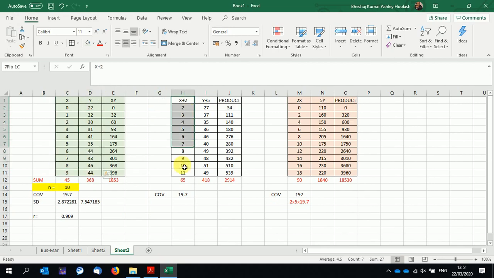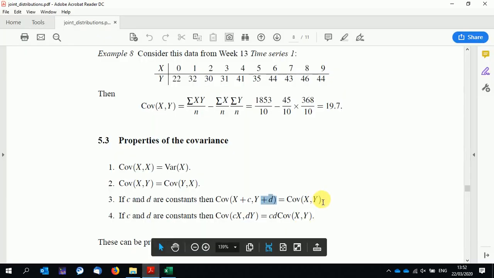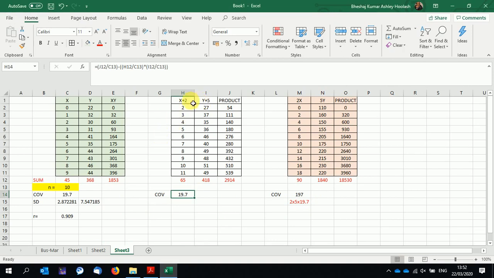If I increase x by 2, y by 5, I will have a new product of this cell times this cell, new sums, and I can use the same formula and I will get the same answer for covariance of x and y. So incrementing my variable x and my variable y by any amount will not make a difference in my covariance value for x and y. You can double check this. In my particular case, I've increased x by 2 and y by 5 and I still end up with 19.7.